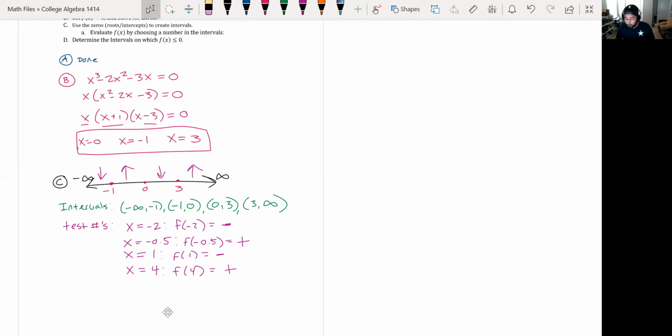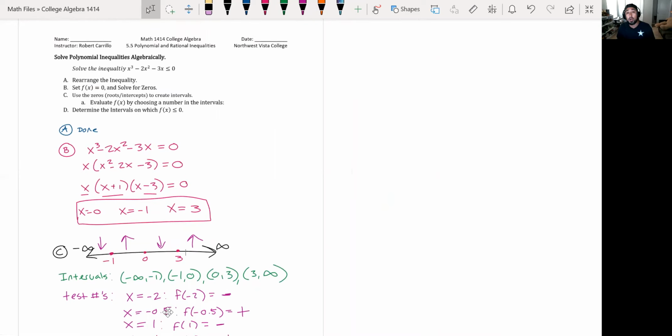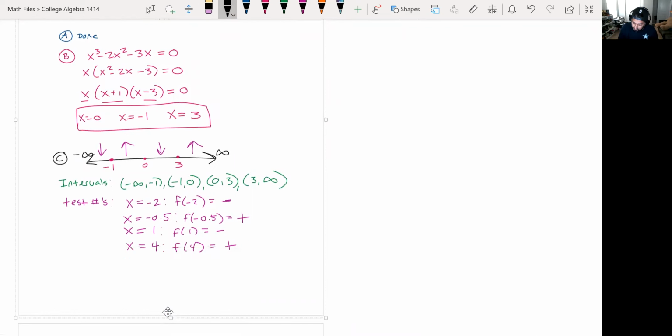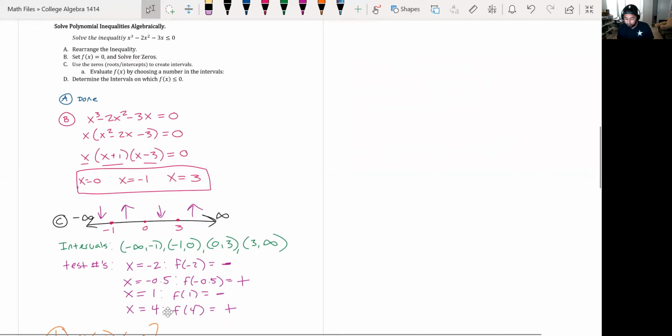D: all we want to know now is on what intervals are we less than or equal to 0? That was the original inequality stated. So where are we less than or equal to 0?